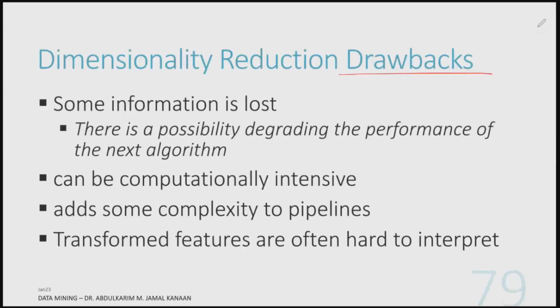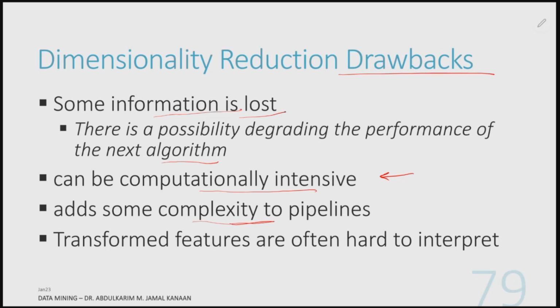However, there are drawbacks when we apply dimensionality reduction. Some information is lost. PCA retains as much information as possible, but doesn't retain all the information. There's a possibility of degrading the performance of the next algorithm. It can be computationally intensive. Why? Because we are including some more processes. Instead of just going straight to the training model, now we are adding a process by doing dimensionality reduction.